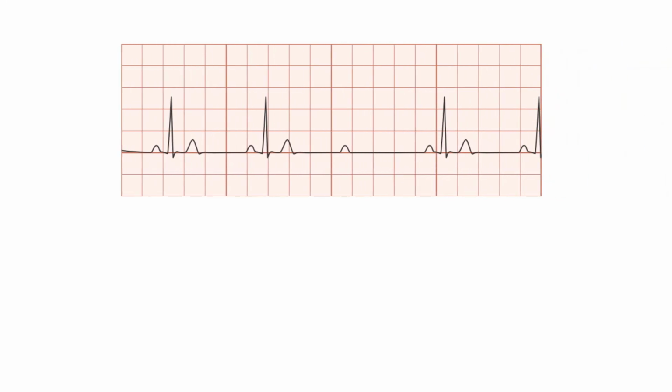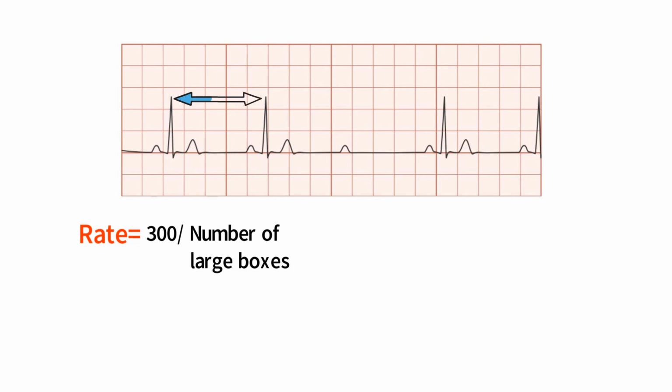Now, let's go for this patient and let's have the same approach. Let's check the rate. Divide 300 by the large boxes. 1, 2, 3, 4, 4.5. This is between the first and the second wave.